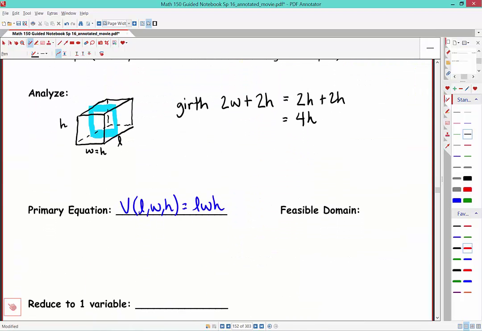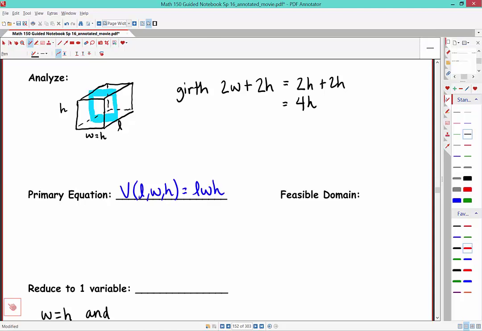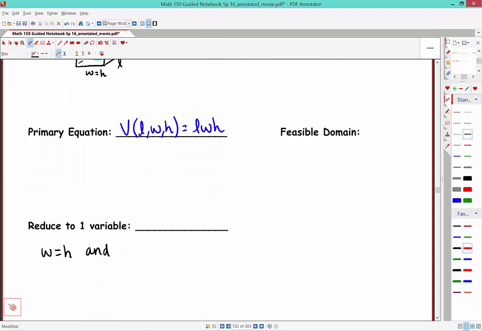So we said that the girth was 4h. So the length is L plus the girth, 4h, has to be at most 72 inches. So I'll just set that equal to 72. In isolating the length, we would get 72 minus 4 times h.